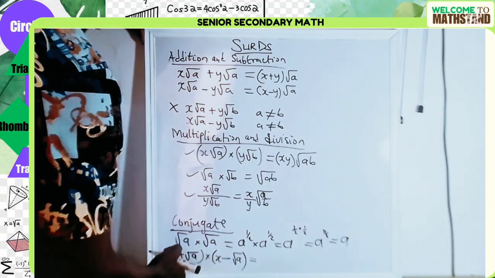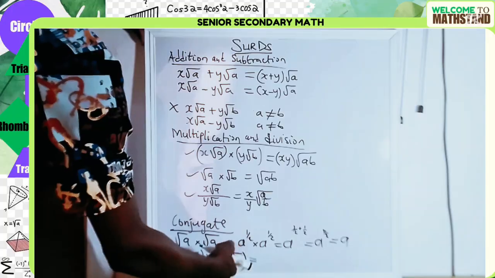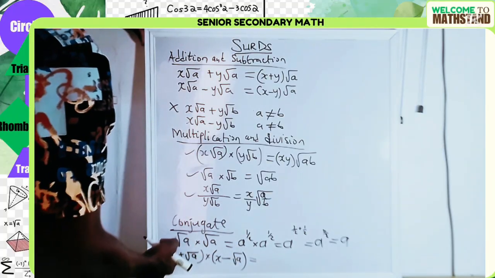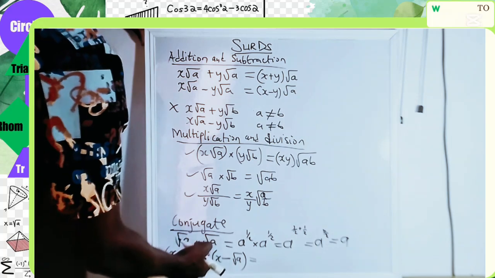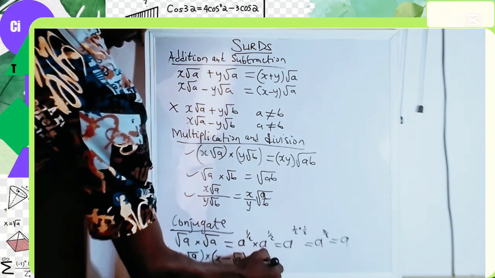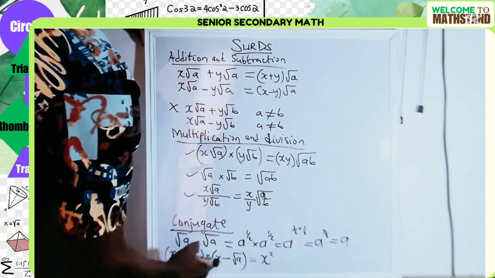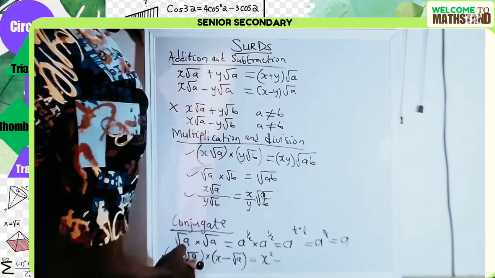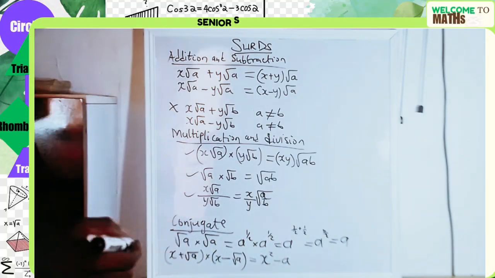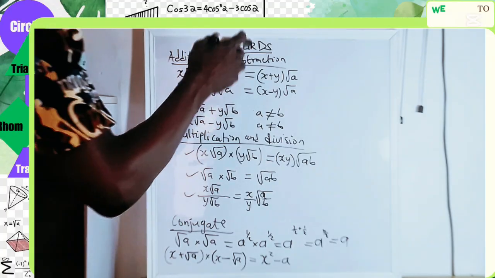So when you see something like this, you use the negative form of the positive one to rationalize it. This now gives us x times x, which is x squared, minus √a times √a, which is a.